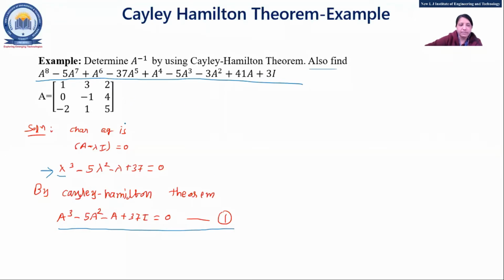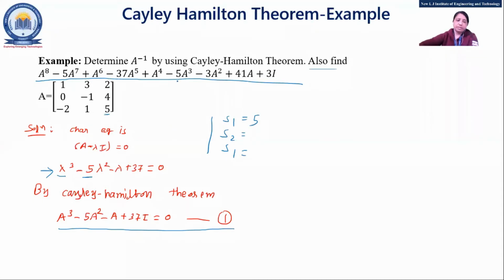One matrix is given, and the characteristic equation is lambda cube minus S1 lambda square minus S2 lambda minus S3. In that, you have to find S1, S2, S3. S1 means the sum of diagonal elements, so 1 minus 1 plus 5, which is 5. I have written directly S1 is 5. Same way you need to go.